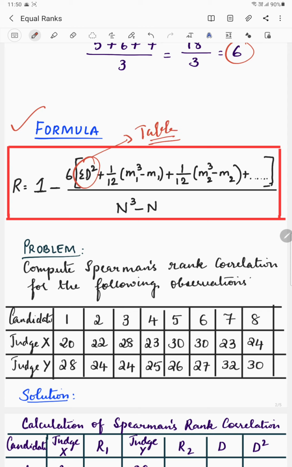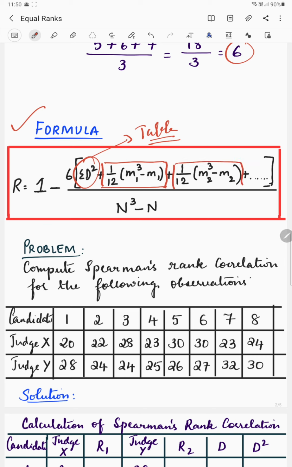This formula looks big, but it is very simple. You have the same thing repeating. You have 1 by 12 m1 cube minus m1, then a second time 1 by 12 m2 cube minus m2.